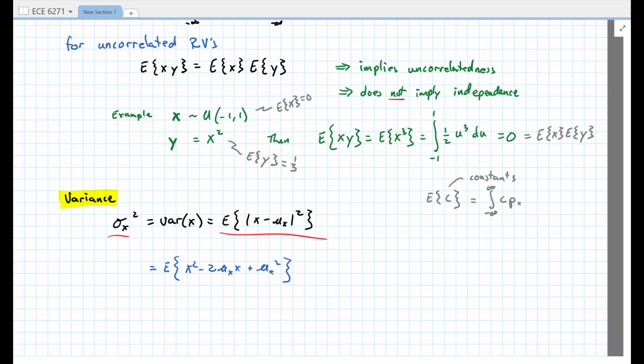Let's just throw in any PDF that we choose. If you insist on taking the expected value of something, then you postulate a PDF, and I'm going to factor out the constant value, which you can do from an integral, and then it's just the integral from minus infinity to infinity of a PDF, and the PDF is always going to integrate to 1. So that's always a constant.